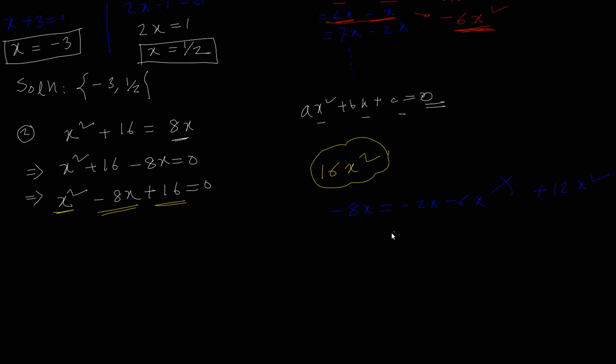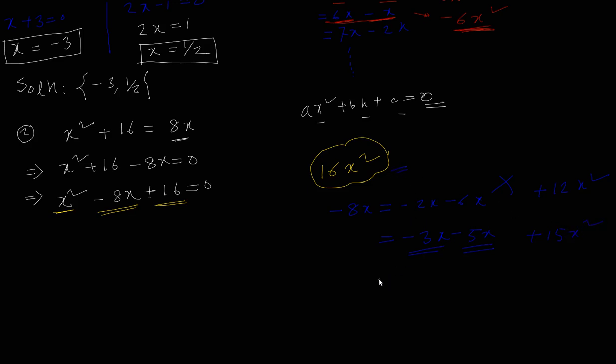Now let's write negative 8x as negative 3x, negative 5x. If I multiply negative 3x with negative 5x, I get positive 15x square. Still not good.